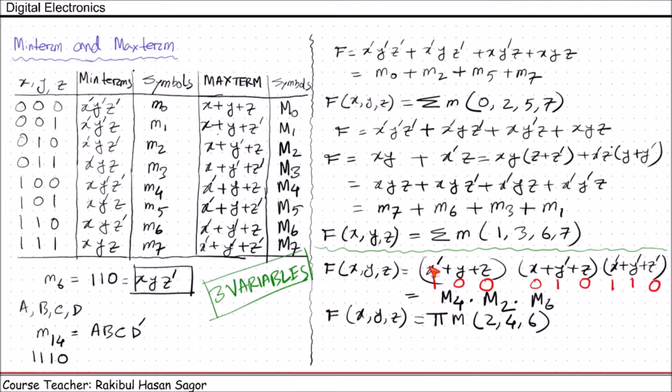If you are given a function, from that given function you can also write the function in this format in terms of product of Maxterm form. Now, if you are given a function which is not a standard POS form, in order to convert it to product of Maxterm form, you need to convert that function to standard POS form, then write the corresponding Maxterm notations. Conversion of POS to standard POS was shown earlier.